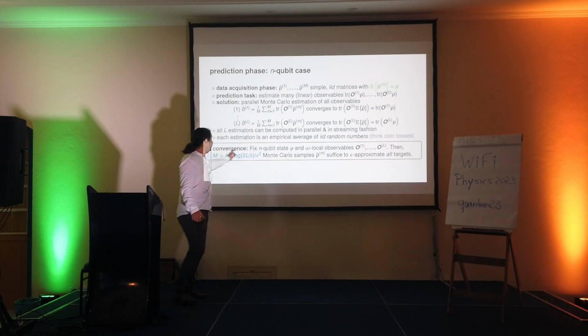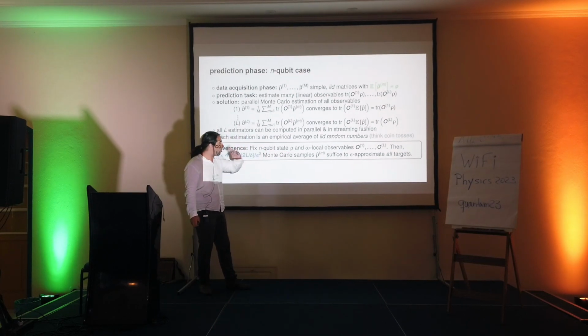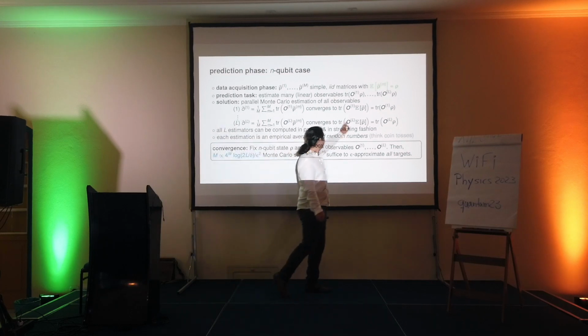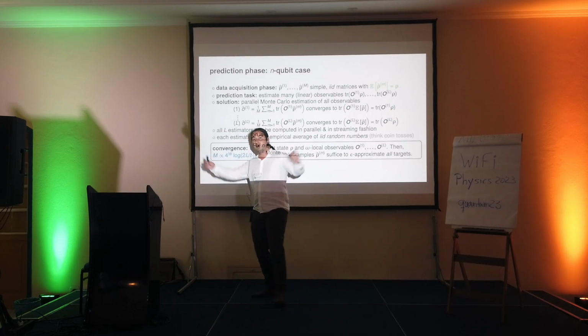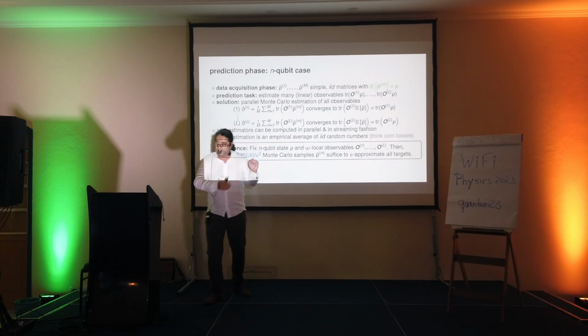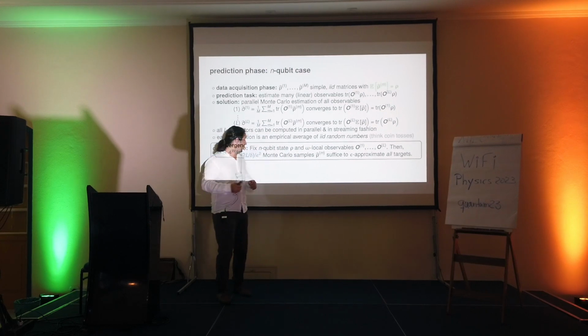But here is: fix an arbitrary n-qubit state rho. And now, in order to make the proof work, I have to assume that these observables have some locality structure, so that they are not super crazy global, but that they are maybe confined to omega many qubits. A bit similar to the case that we looked at on Monday.